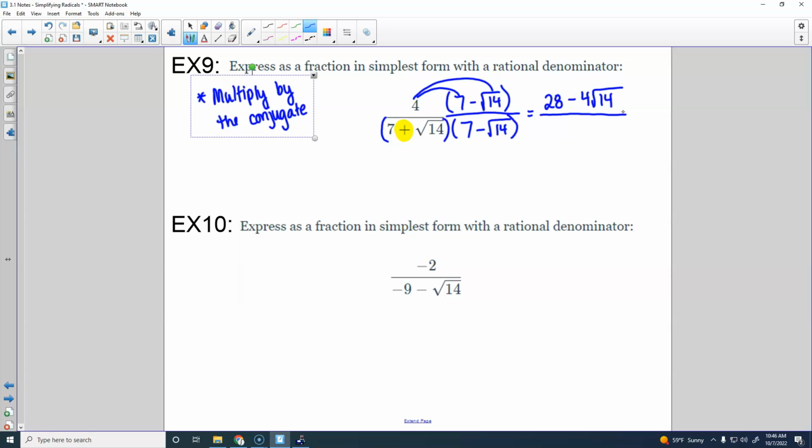In the denominator, I've got to distribute like so. 7 times 7 is 49. 7 times square root of 14 is going to be minus 7 square root of 14. But right here in the middle, I'm going to get plus 7 square root of 14. And then I've got to multiply square root of 14 times negative square root of 14. That'll give me minus 14.